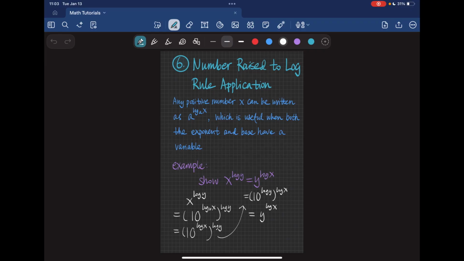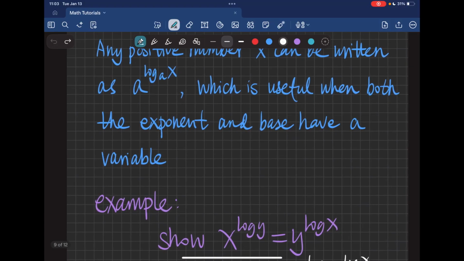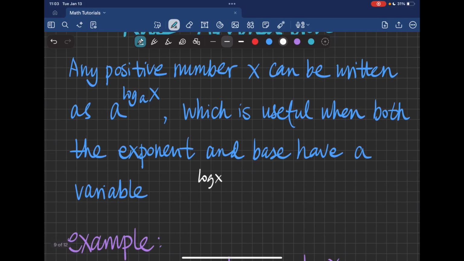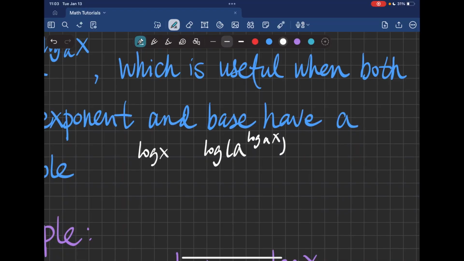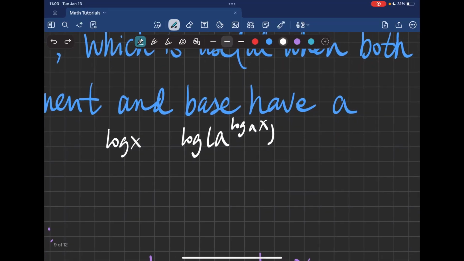If you're curious about why x can be written in this form, I can quickly and informally show you how I understand it. If you take log on x, you will just have log x. And if you take log for this exponent, you can simplify it. You can move this down, which means you will have log x base a times log a.